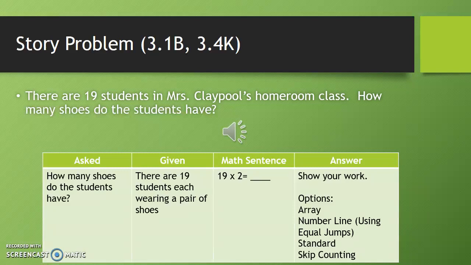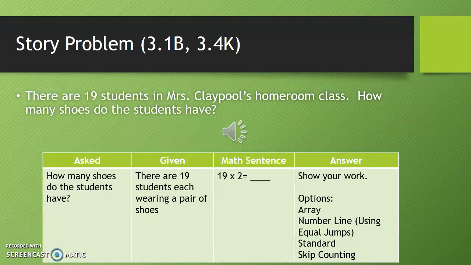Like, you would jump 2 pair of shoes for one student, then you jump to 4 because that was another student and their shoes, and then you jump to 6 because another student has on shoes, and you jump all the way up until you've jumped 19 times. Now, you wouldn't just jump to 19, okay? You'd have to jump 19 times, skipping 2 every time, okay?